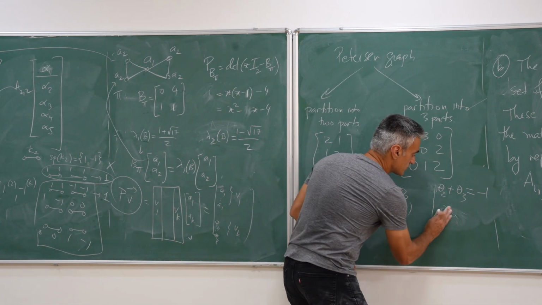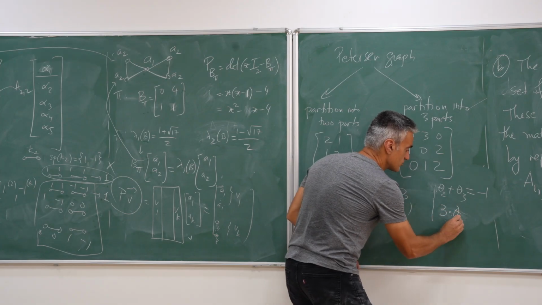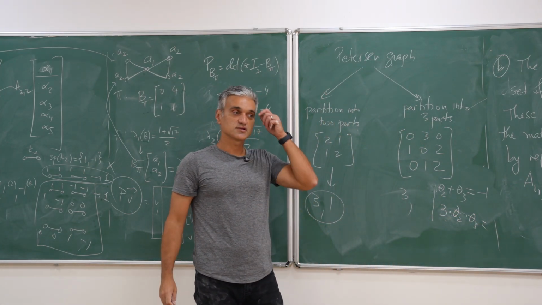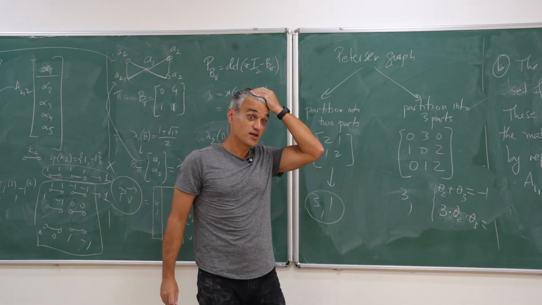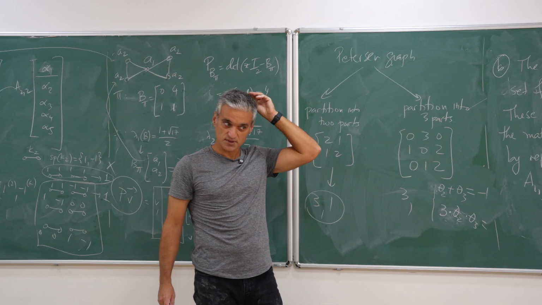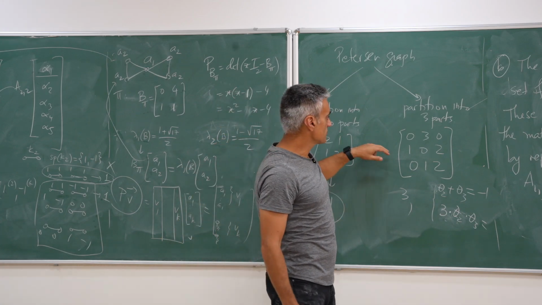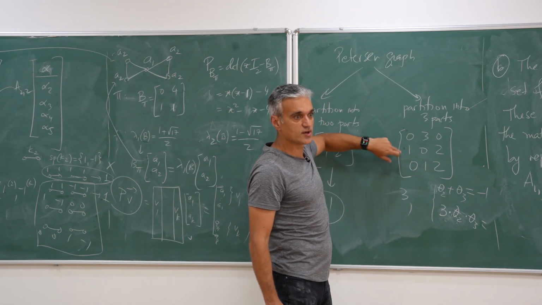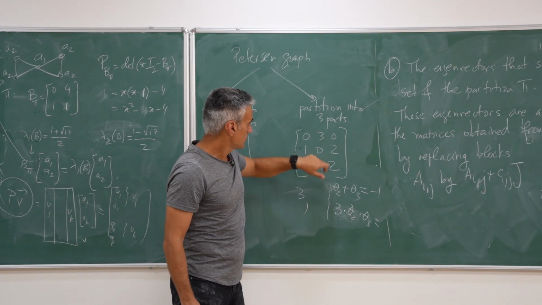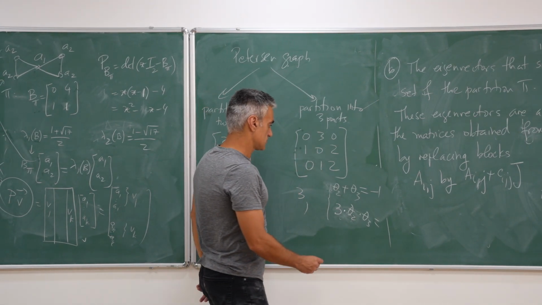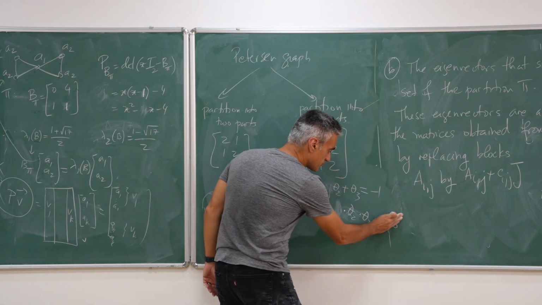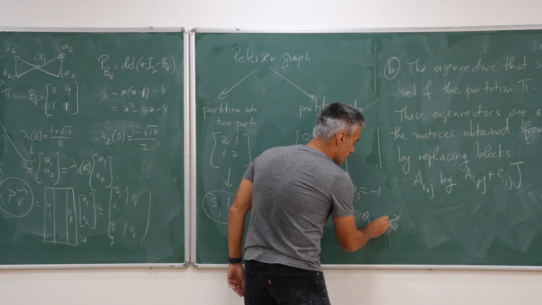What is 3 times theta 2 times theta 3? The determinant. What is the determinant here? Well, you like things with zeros, so you expand here, so it's minus 6. So theta 2 times theta 3 is minus 2.